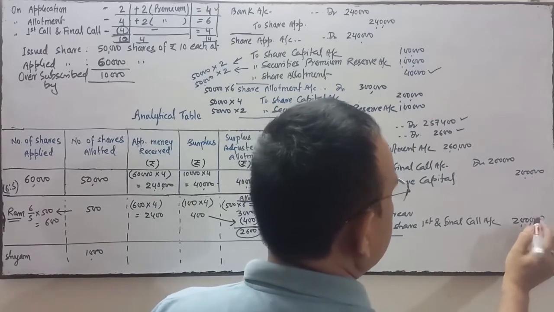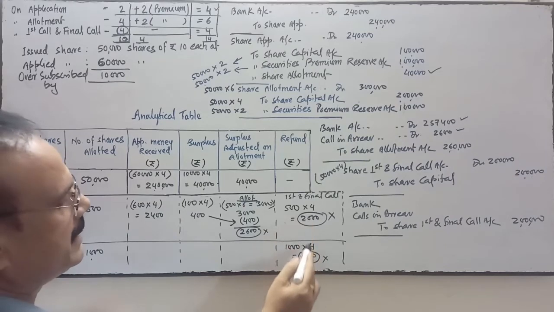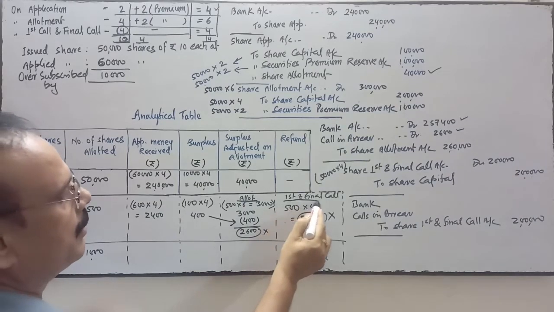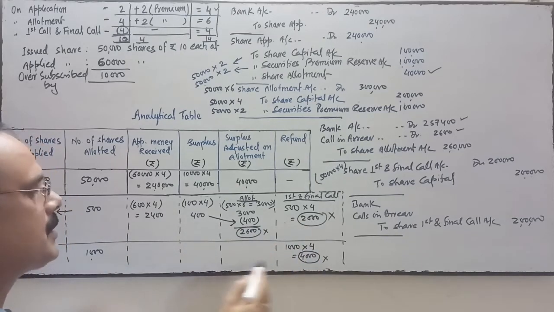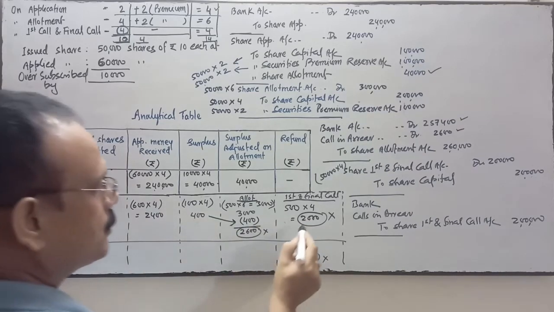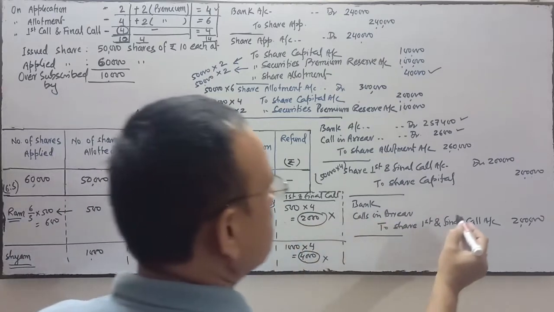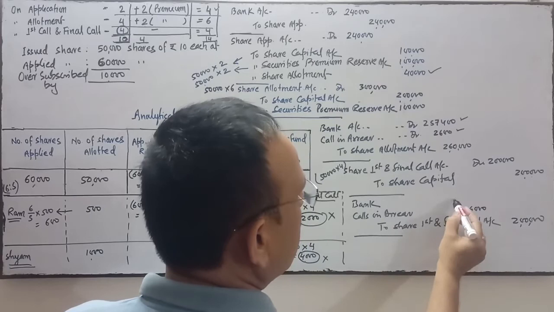And for calls in arrear, you refer this working note, calls in arrear, first and final call. Syam has not paid 4000 on first and final call, and Ram has not paid 2000 rupees on first and final call. So 2000 plus 4000, 6000 is the calls in arrear amount. So rest amount will be in the bank.